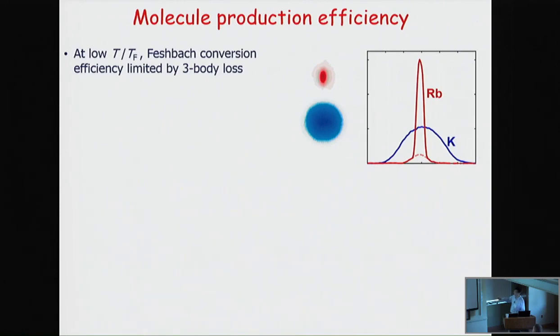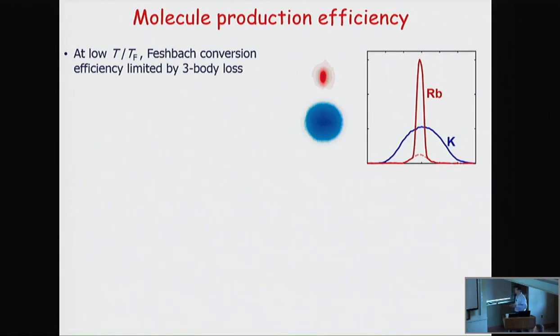And so when the T over TF gets lower and lower, the Feshbach conversion efficiency gets better and better. And the reason is because previously when we converted rubidium and potassium into KRb molecules, the Feshbach conversion efficiency was limited by 3 body loss. The remaining rubidium loves to come in to interact with the KRb Feshbach molecule because when KRb is still a Feshbach molecule, the rubidium still retains its bosonic character. Another rubidium comes in, they love to get together and collide.